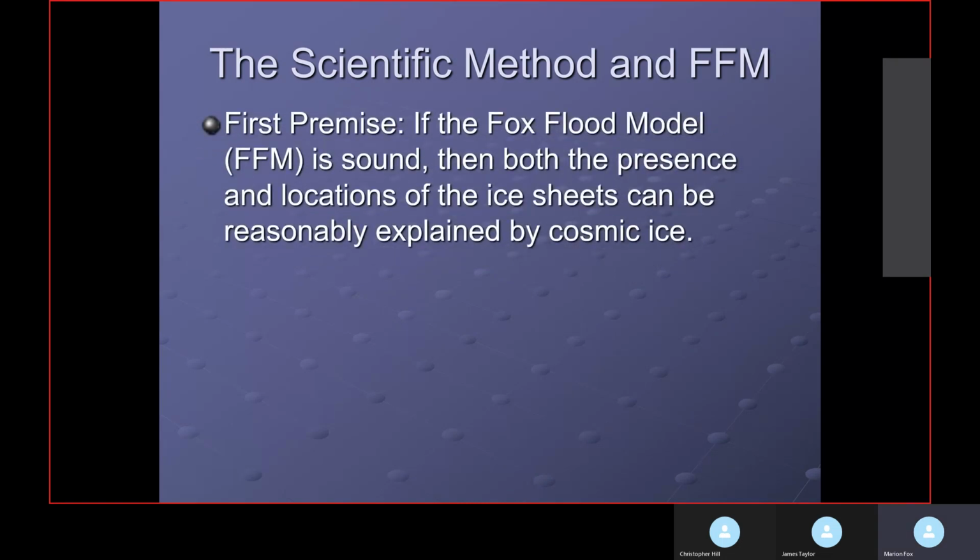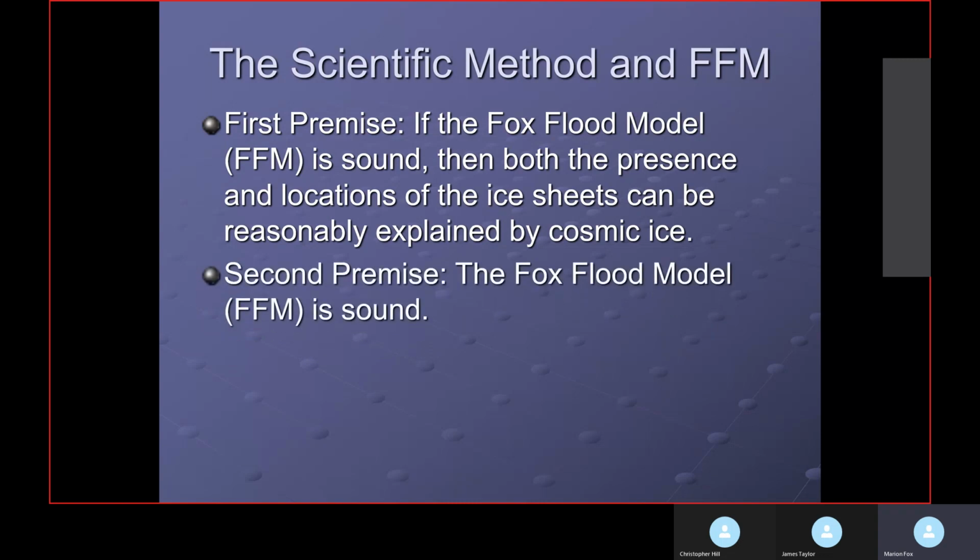If my model is sound, then both the presence and locations of the ice sheets can be reasonably explained by cosmic ice. Remember, there are ferromagnetic, paramagnetic, and diamagnetic materials, three different kinds of magnetic materials. Ferromagnetic is attracted to a magnet at room temperature. Paramagnetic, when you get it cold enough, can be magnetized.